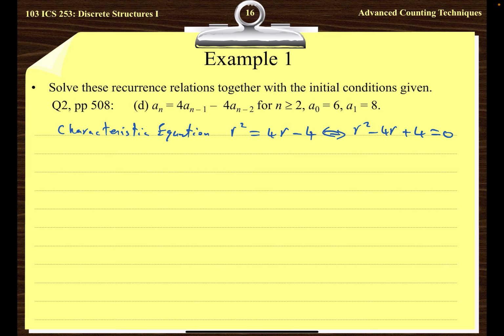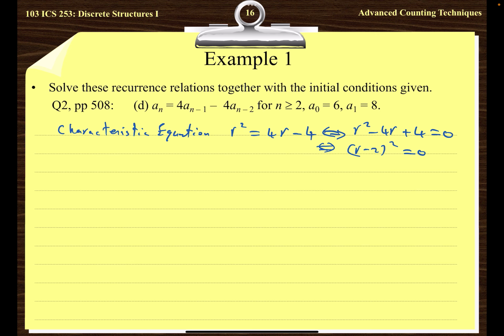What's the solution to this? Isn't this the same as r minus 2 all squared equals 0? So how many roots do I have? I have one root which is repeated twice, of multiplicity 2.